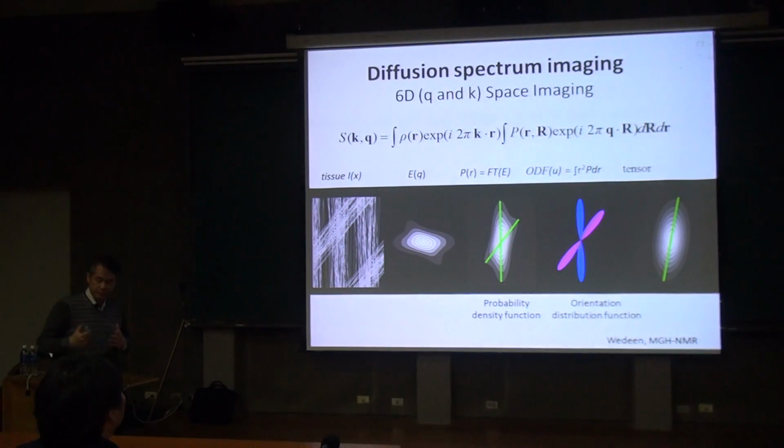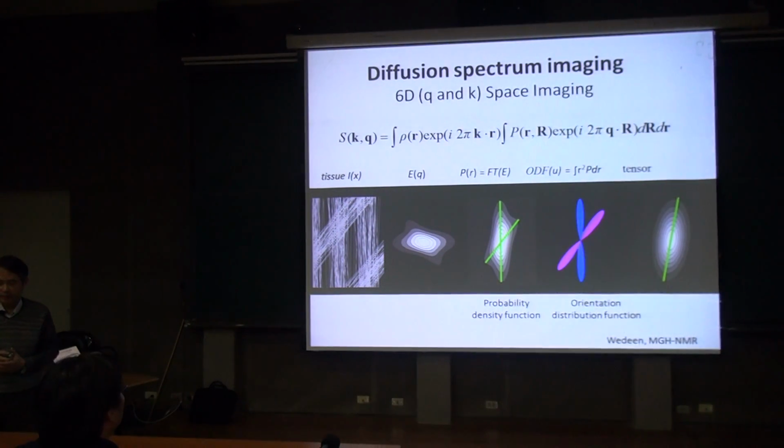But we need to use a technique that is more advanced than diffusion tensor imaging. And this technique is called diffusion spectrum imaging. Diffusion spectrum imaging basically measures the PDF, probability density function, rather than the diffusion tensor.